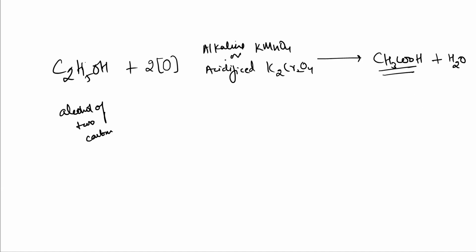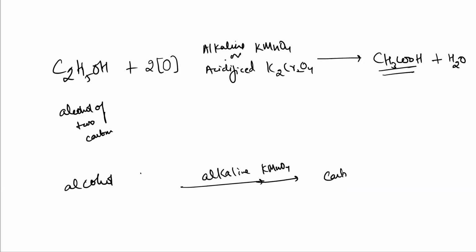So carboxylic acid means: alcohol, when it is reacted with alkaline KMnO4, gets converted into carboxylic acid.